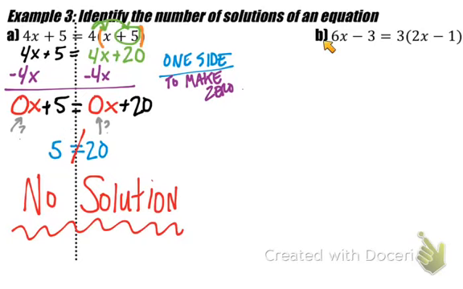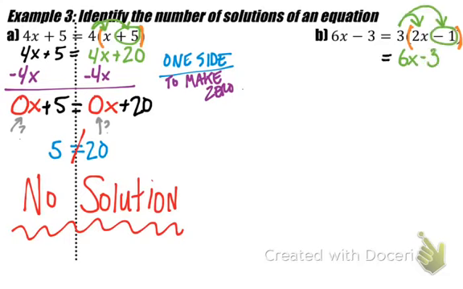Now looking at B, same situation, not where we have no solution, but when you have an equation where variables occur on both sides of the equal sign, first simplify either side. So we have to simplify the right side first, so we're going to distribute the 3 to the 2x, so we get 6x, and also distribute the 3 to the negative 1, we get a minus 3.